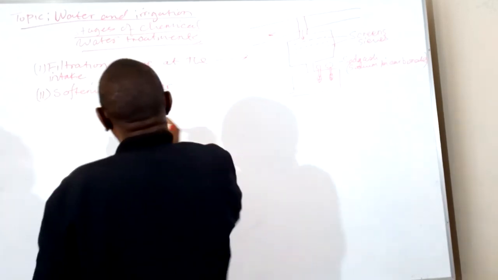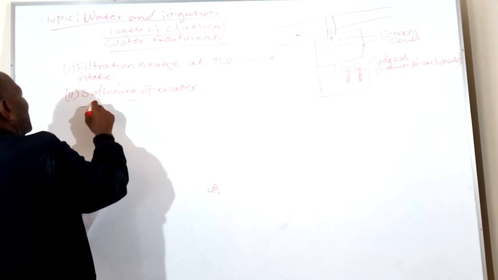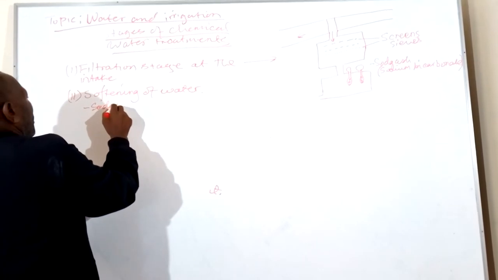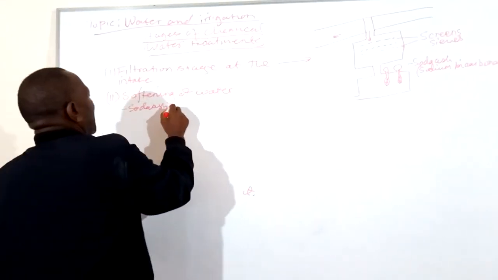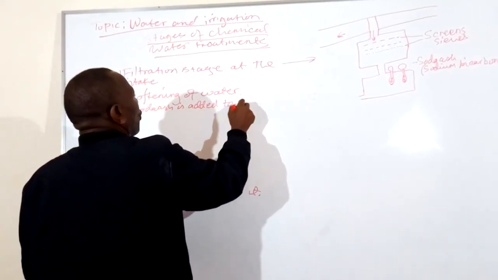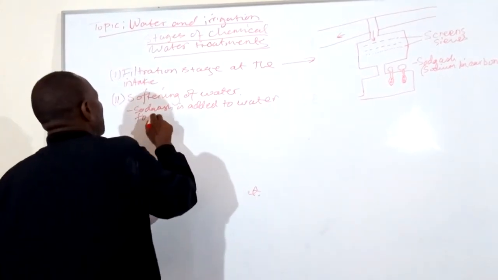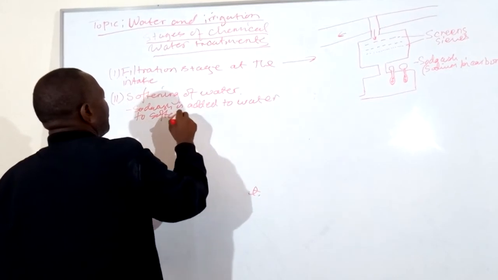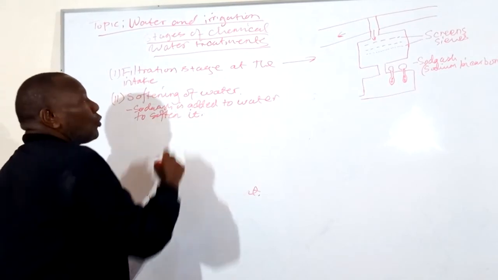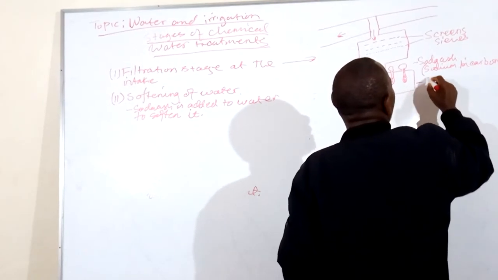So on this side of the note, we can say that soda ash is added to water to soften it. You realize that there are two dosers. The other doser usually adds another chemical known as alum.